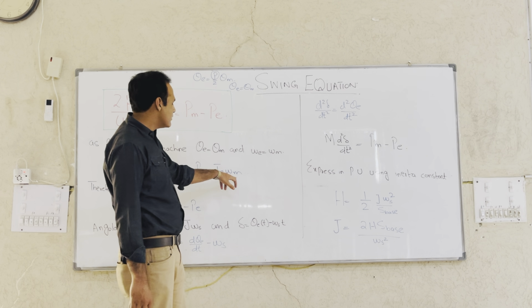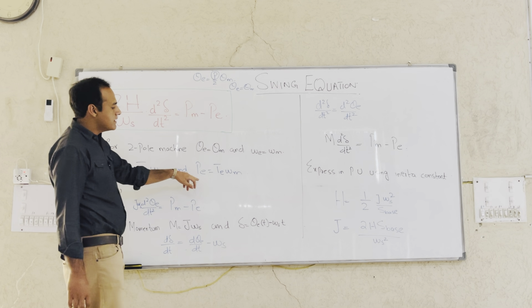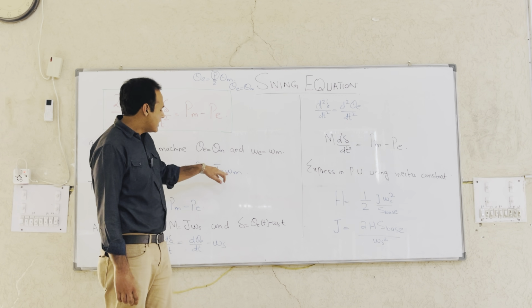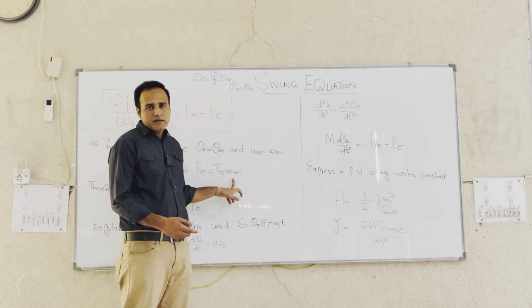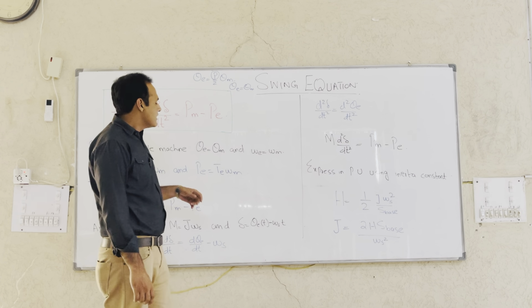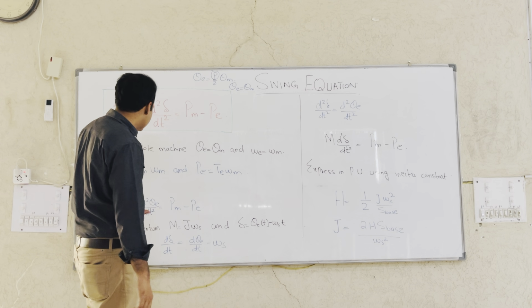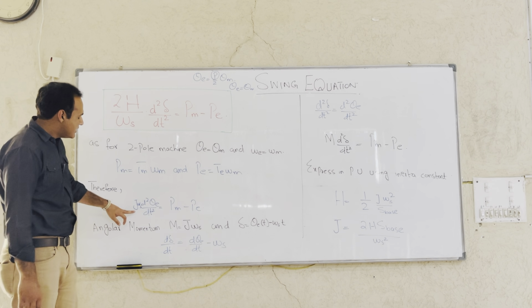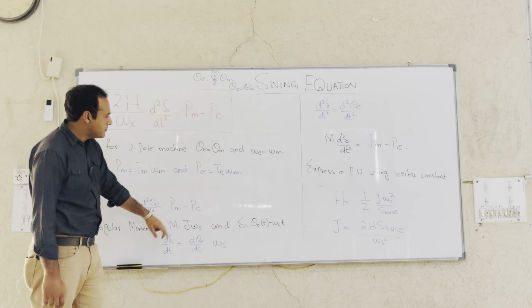So Pm is equal to Tm omega m and Pe is equal to Te omega m. Using the previous equation written on the board, we replace the torque, and the final equation becomes J omega s d square theta e over dt square is equal to Pm minus Pe.